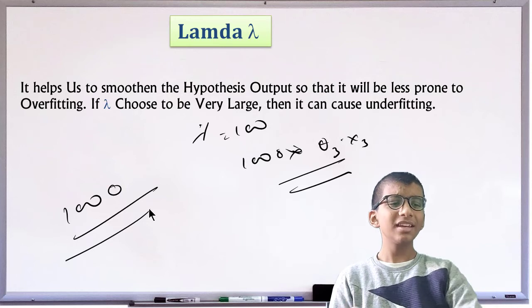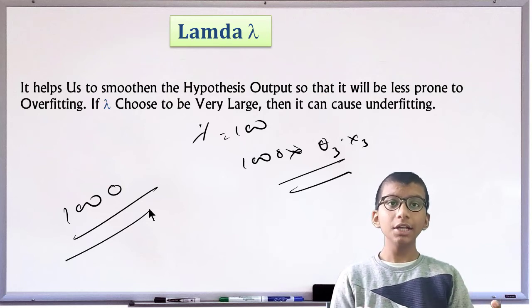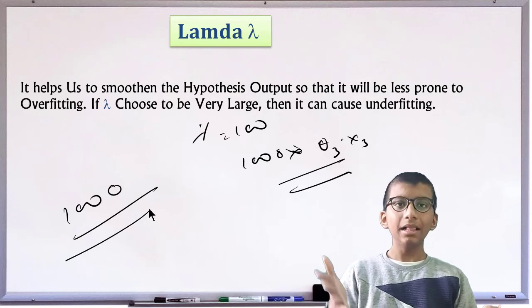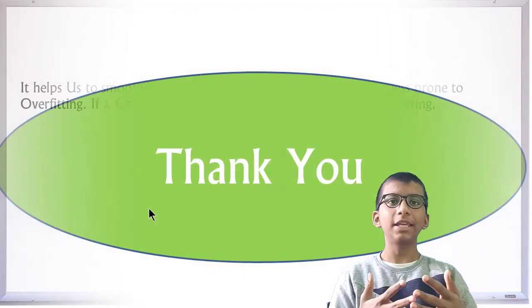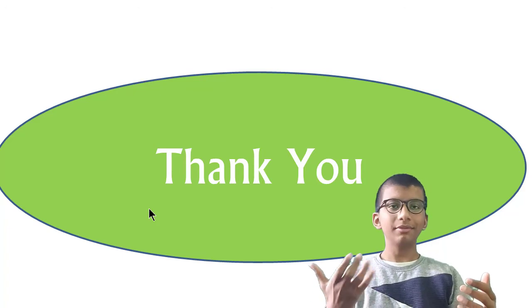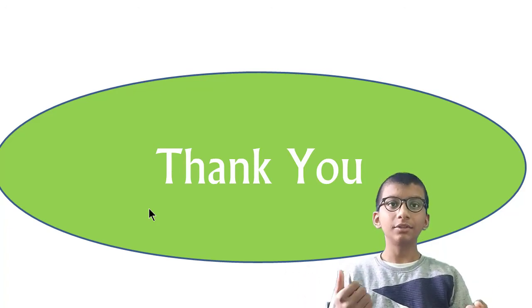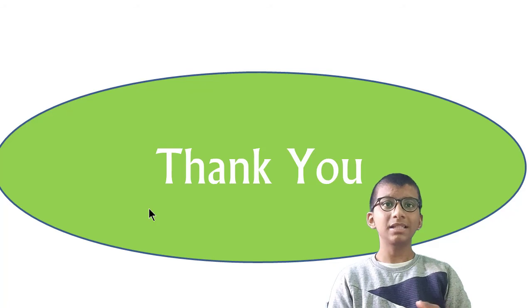In the next video I'll be talking about regularizing linear regression and logistic regression algorithms, and making regularization more clear. I have also talked about lambda, a very important hyperparameter, which you have to tune and check whether your model performs well with a particular lambda.